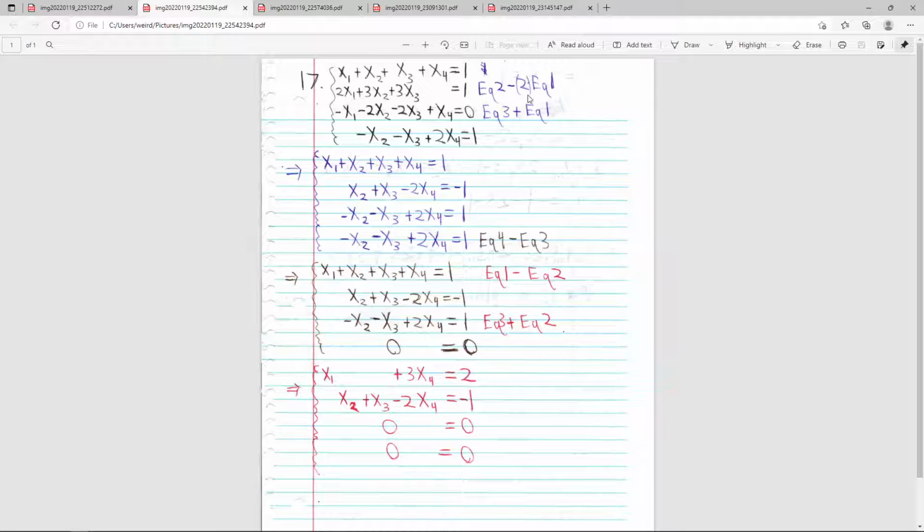So here we do equation 2 minus 2 times equation 1 and equation 3 plus equation 1. And this gets rid of some variables. We basically clear out the whole column, except that of the 4 equations, there's only one with x1 in it. So that kind of solved that issue, so we already have the first part.